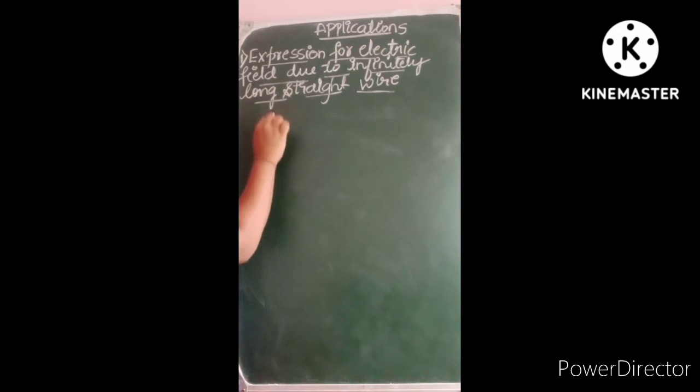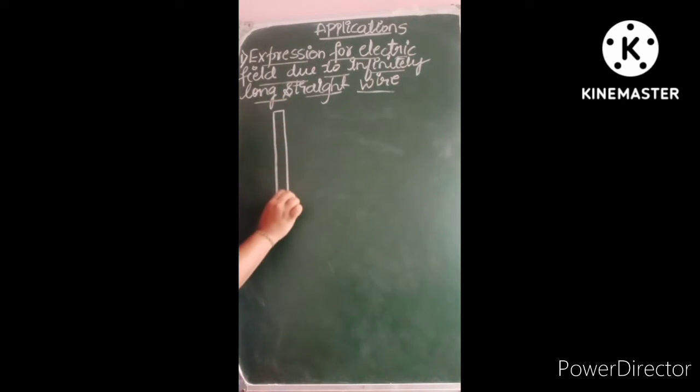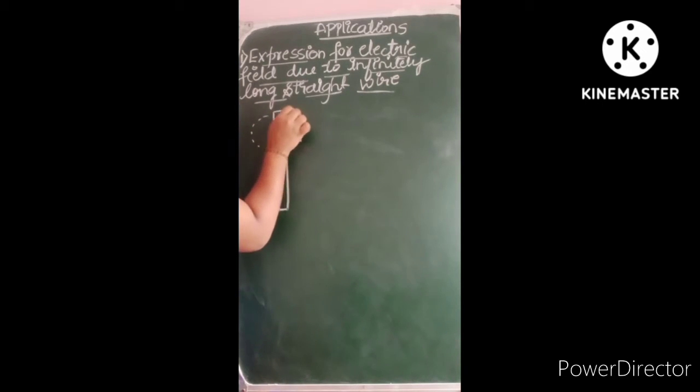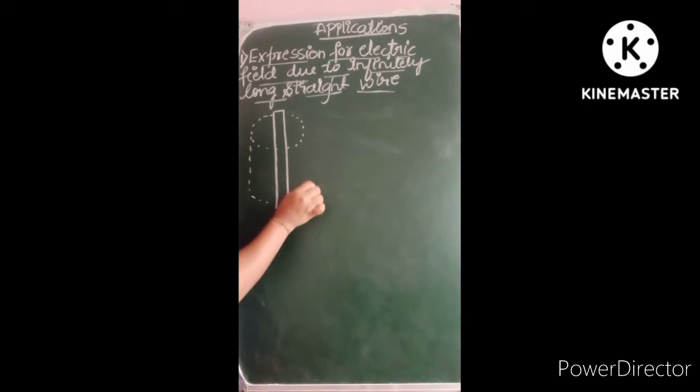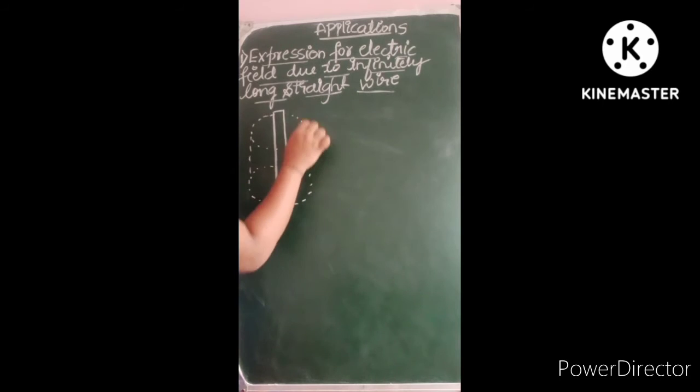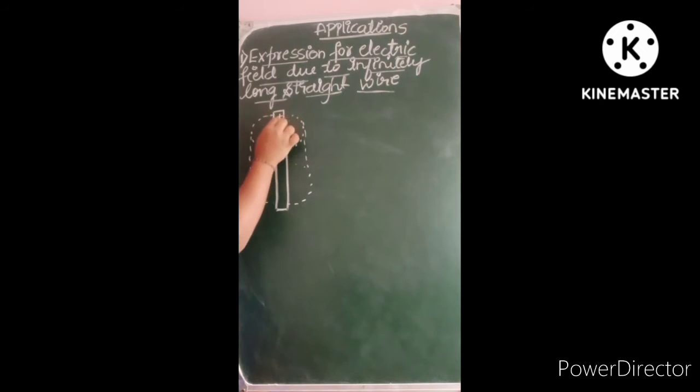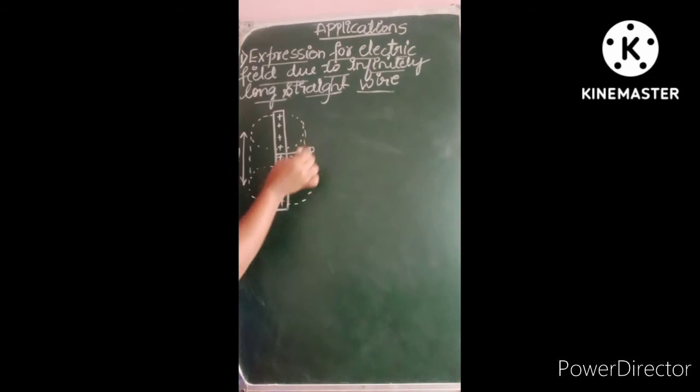Let us consider a long straight wire, and let us imagine a cylindrical Gaussian surface around this infinitely long straight wire. The charges are uniformly distributed on this long straight wire. L is the length of the wire and r is the radial distance at point P.